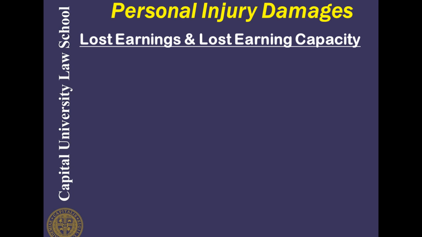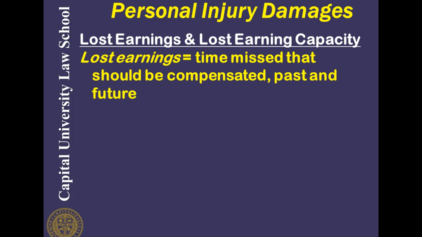Let's talk about one type of economic loss, lost earnings and lost earning capacity, and let's distinguish between the two of them. Lost earnings are just that, time missed that should be compensated, past and future. If the plaintiff was out of work for 6 weeks as a result of the injury caused by the defendant, they should be compensated for the 6 weeks of earnings.